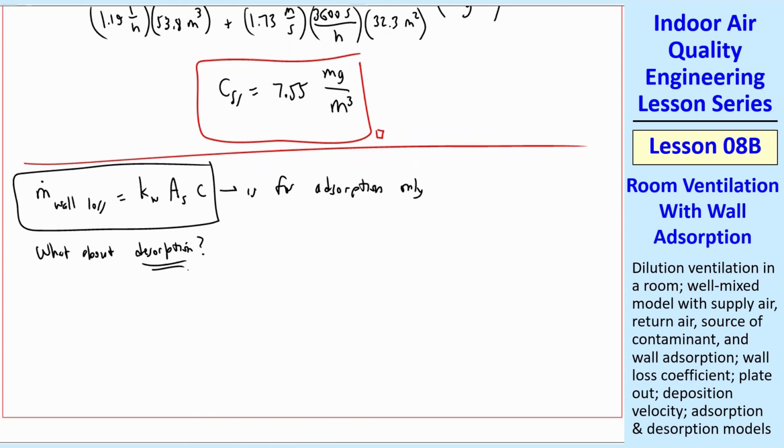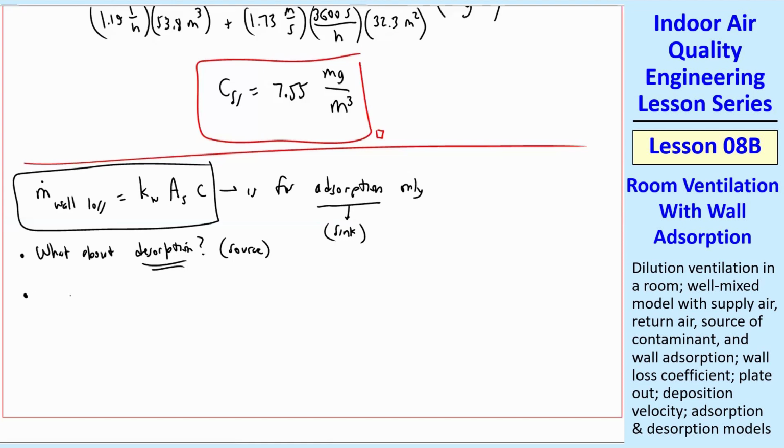You can smell smoke in somebody's car that was smoking or on their clothes. It's desorbing at that point, going back into the atmosphere. Adsorption, remember, was a sink out of the room, whereas desorption is a source or a production into the room. In the equation, this m dot wall loss appeared with a negative sign. So we want something that's going to appear with a positive sign for desorption.